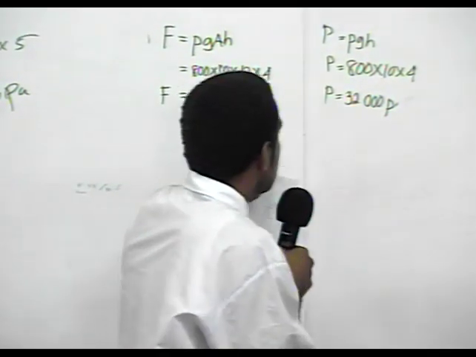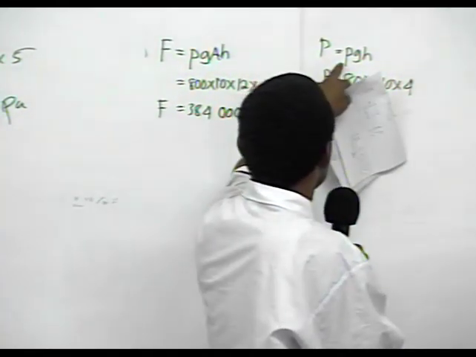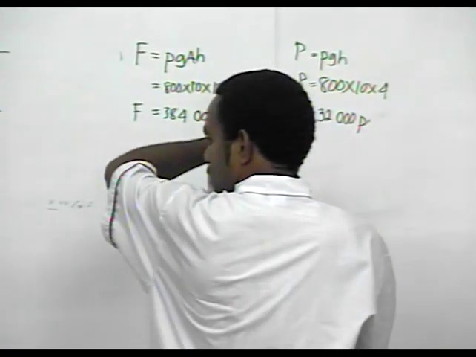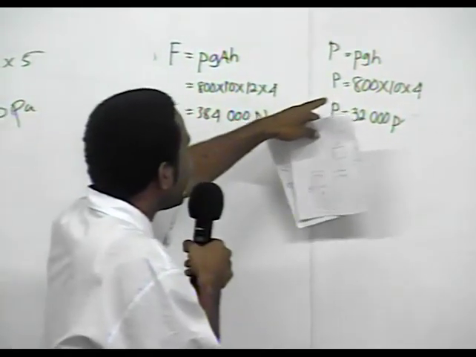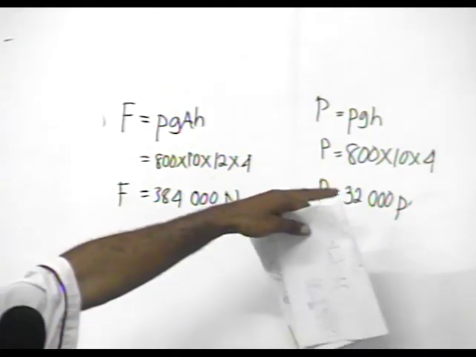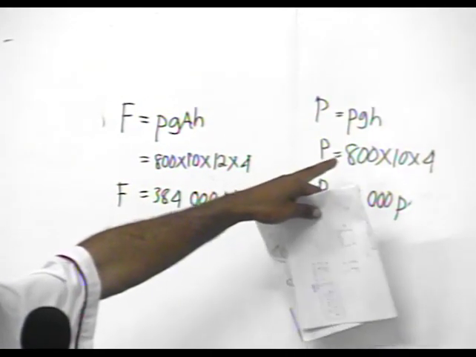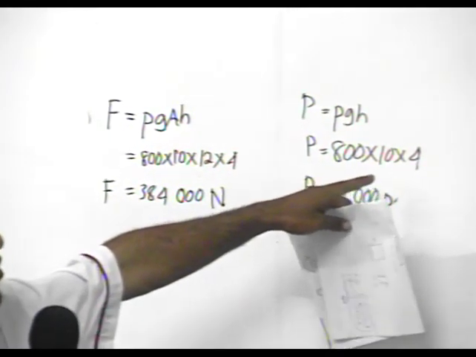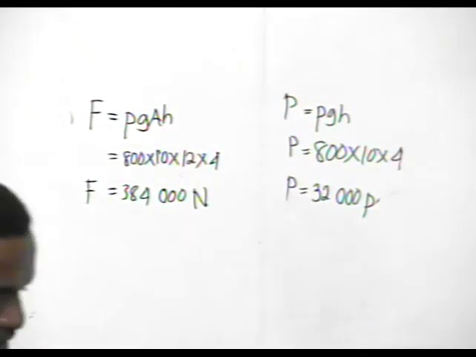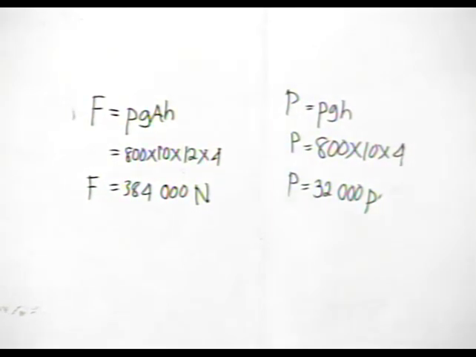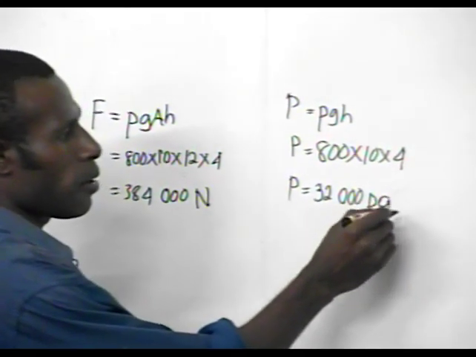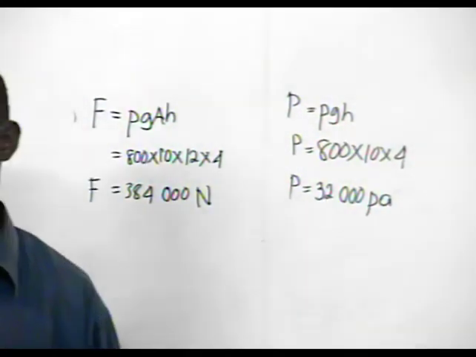To find the pressure, you just multiply density times gravitation times height, which is 800 times 10 times 4. That will give you the pressure, 32,000 pascals. Okay, that is the pressure.